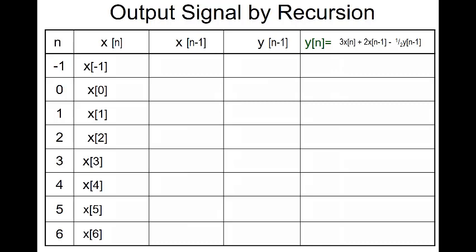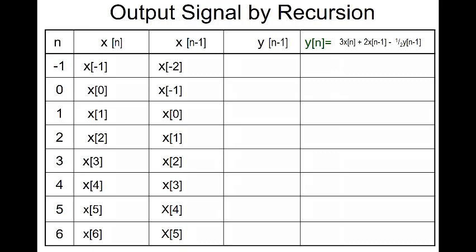I'll put in whatever signal I'm putting into my system, x of n, I'll put those values in here. I'm going to need x of n minus 1 to compute in my difference equation. And so I'm going to put the values of a delayed version of that signal in here. If n equals 0, I put x of 0 here. At n equals 0, I put x of minus 1 in here. Right?